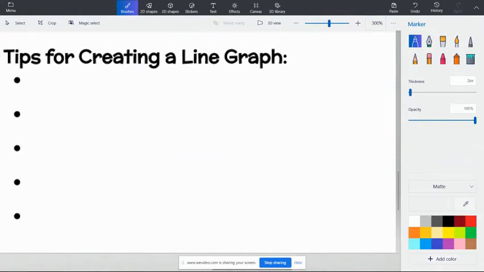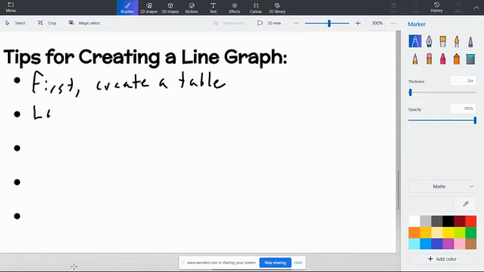So there's a couple steps for this as well. The first thing you're going to want to do is create a table. Create a table. And we'll go over how to do all this. For now, just get the steps down.